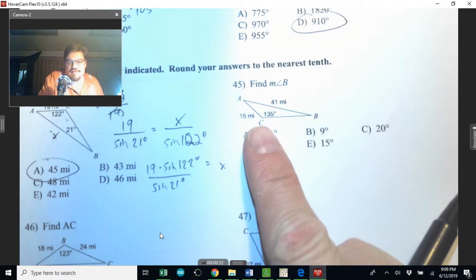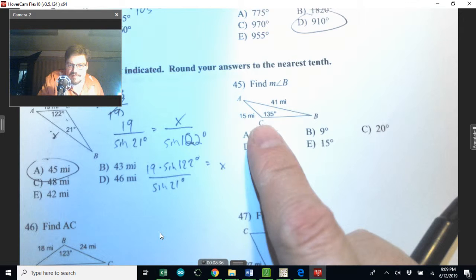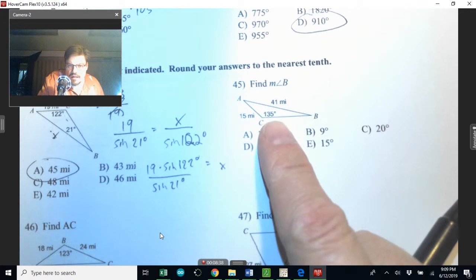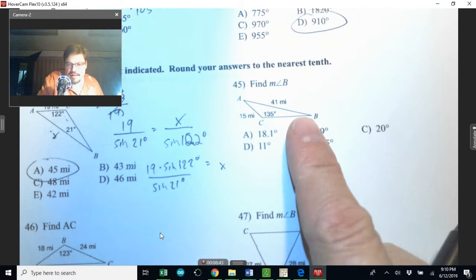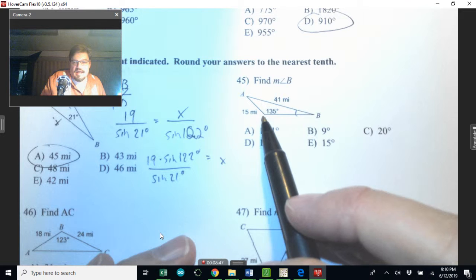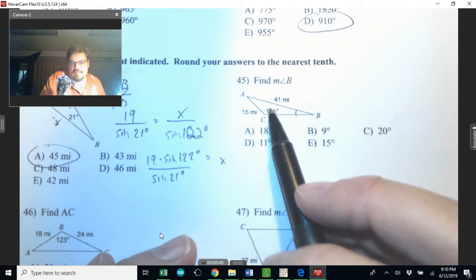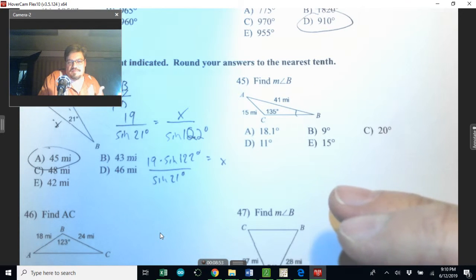Over here we have this is to this. All right, so we've got C and little c, and then we've got 15 over here, and we actually want to find little b, or capital B, so that means I can use the law of sines, because these guys are paired up, and these guys are paired up, so I don't need the law of cosines.